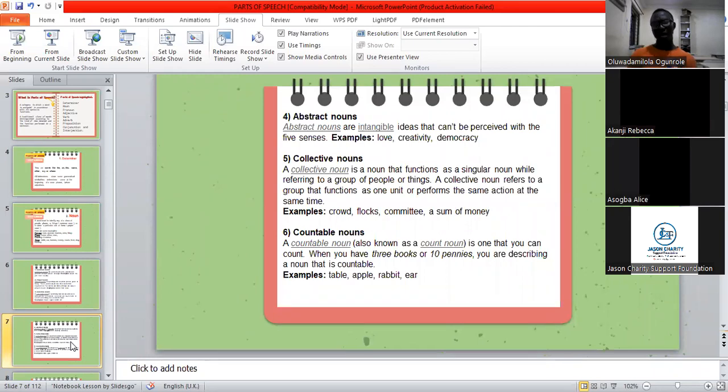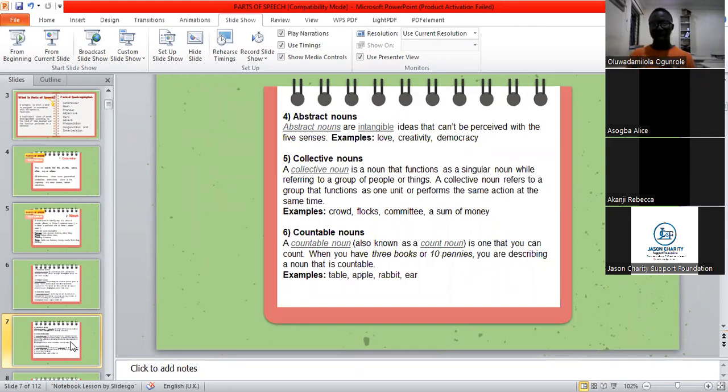Another one I want us to look at is the collective noun or the collective nouns. Now, basically, we realize that sometimes we need to talk about nouns in groups. So these collective nouns function as a group. They function as a group, putting similar nouns or one type of noun in a group.